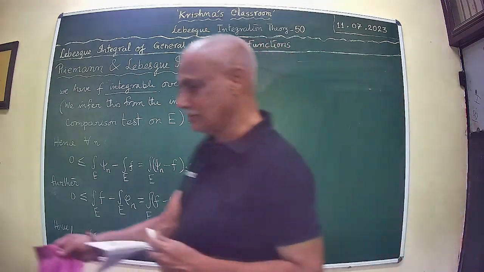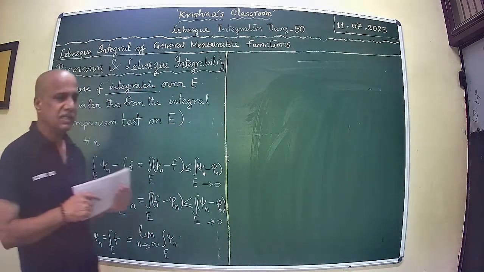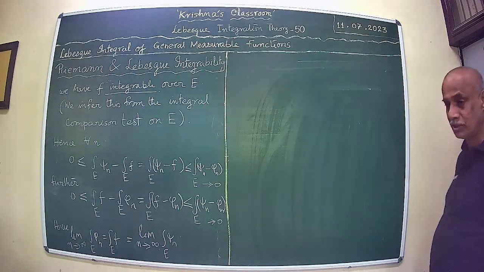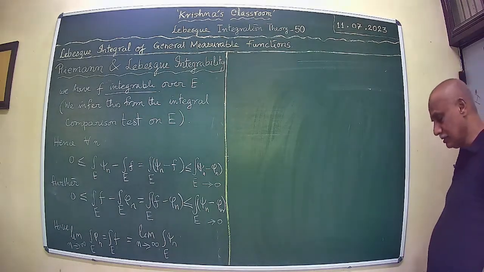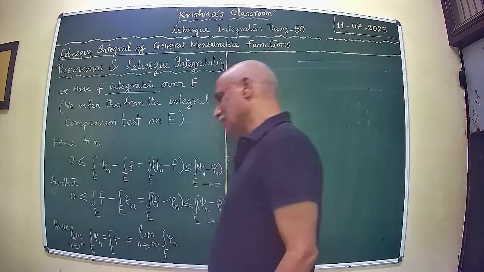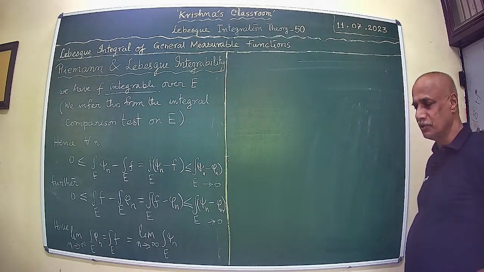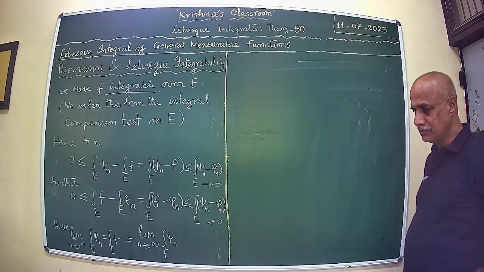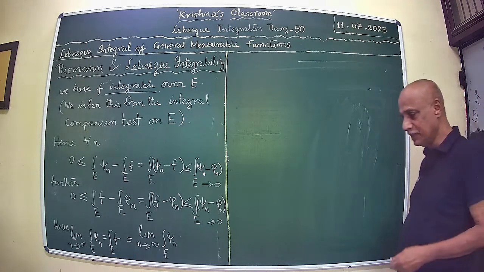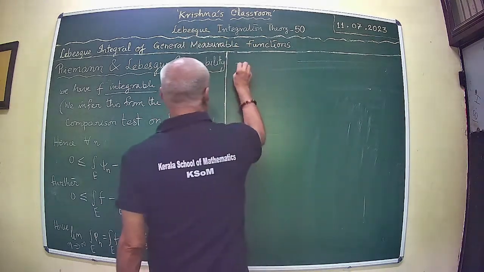So we are eventually interested in functions defined on sets of finite measure, because it is going to be on bounded intervals, and then bounded functions. Therefore, we are going to talk about what are called bounded measurable functions defined on sets of finite measure.